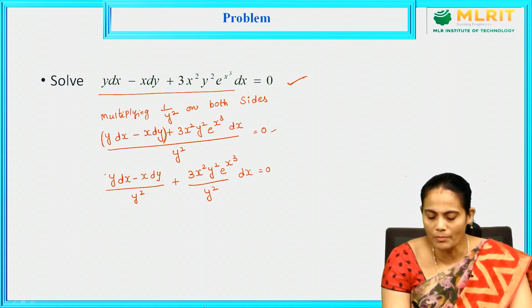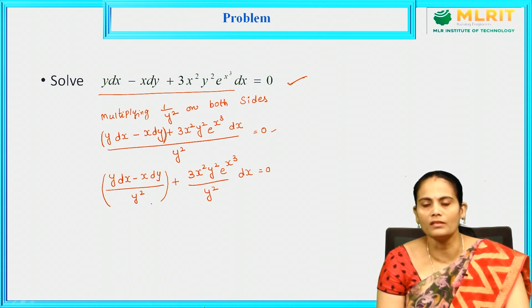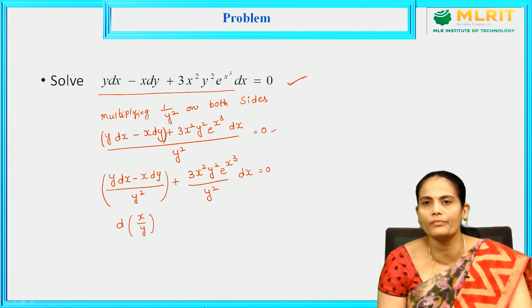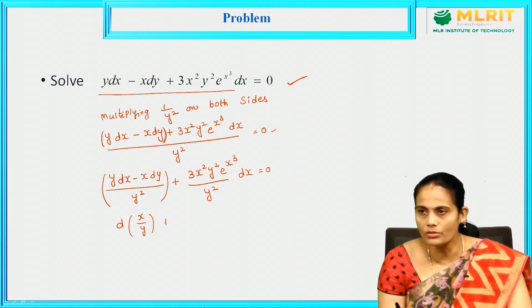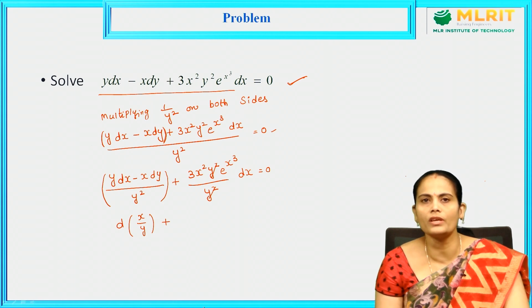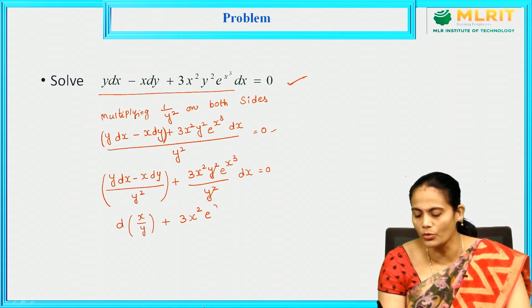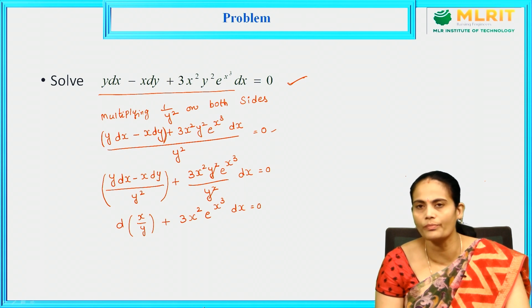Right. So from the first term, we have the formula, which is nothing but the derivative of x by y. Coming to the second term, here we can cancel the y square. The remaining is 3x square into e power x cube dx is equal to 0.